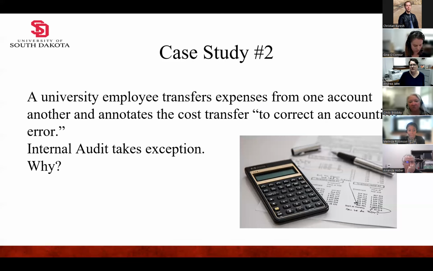Why did internal audit take exception to the cost transfer?